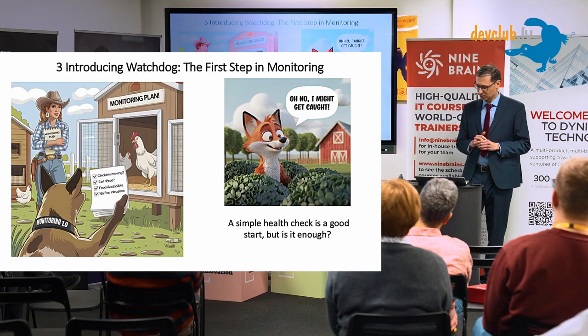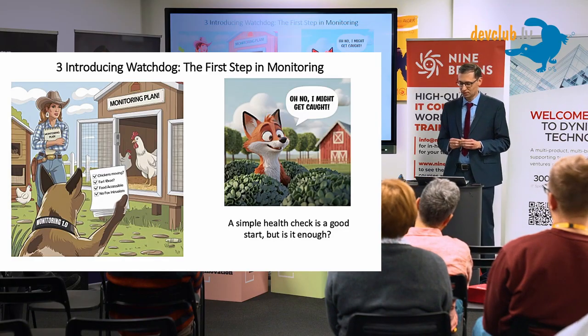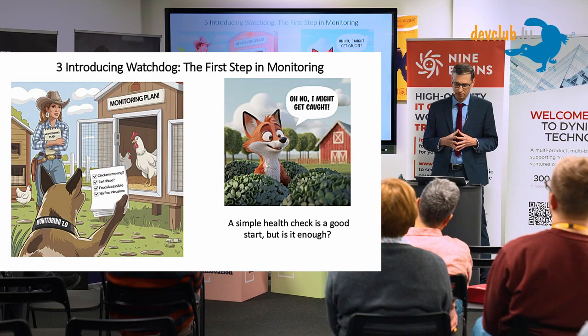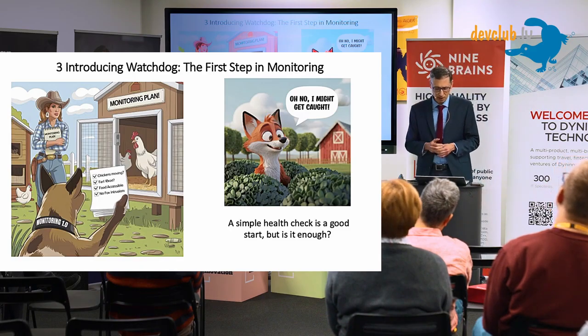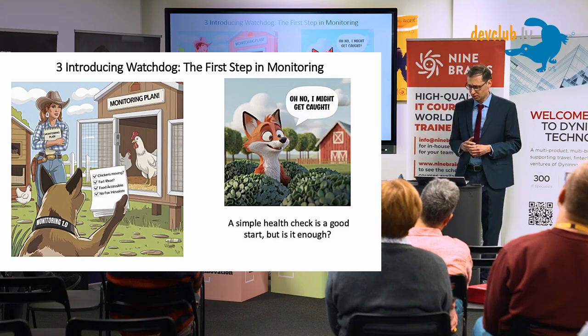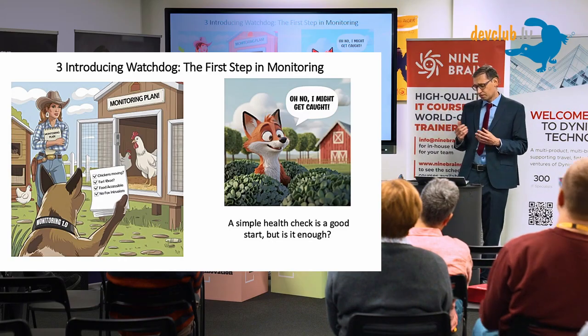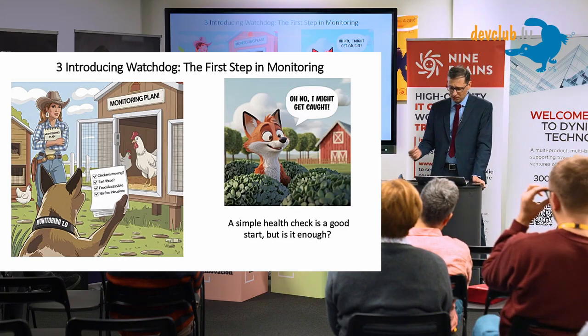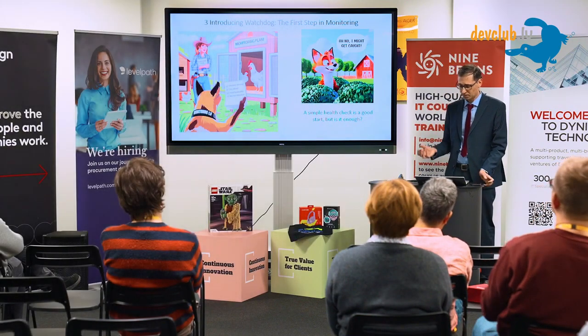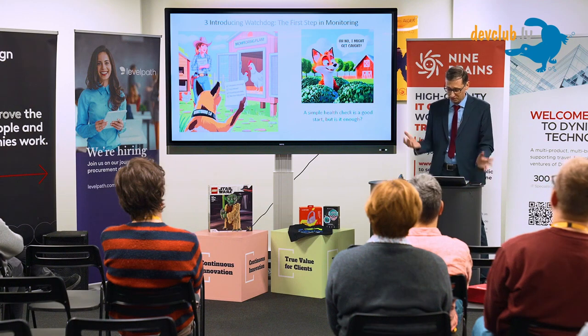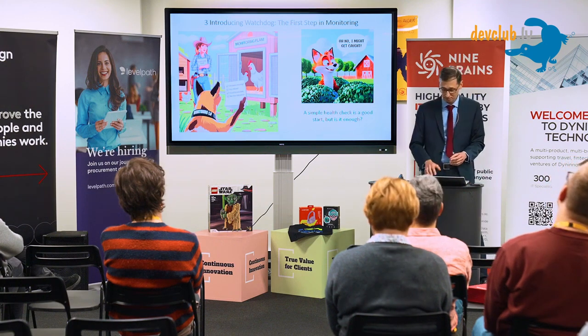If something is suspicious, the watchdog starts barking. The main takeaway is that a simple watchdog could be a good solution for the start, but let's see what happened next.